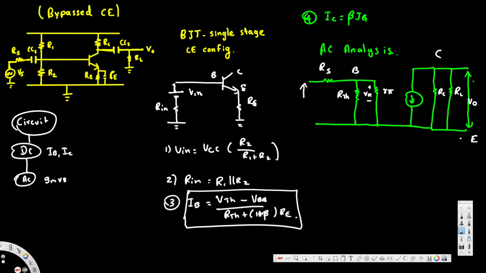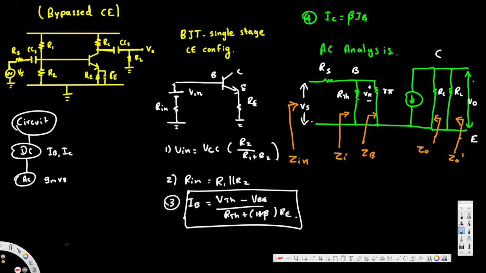Then here we have VS. Now here we have Z in, ZI, this one is ZB, and this one is the output impedance ZO, and here we have ZO prime, and then that's it for this one.